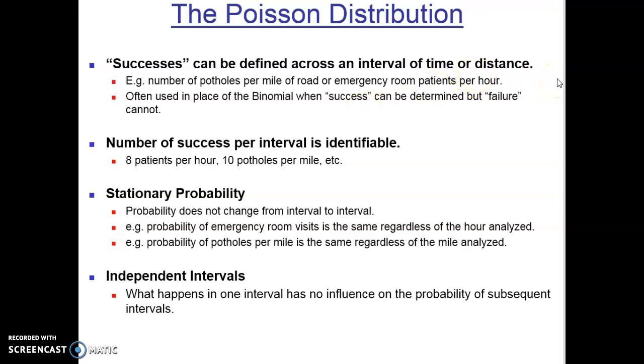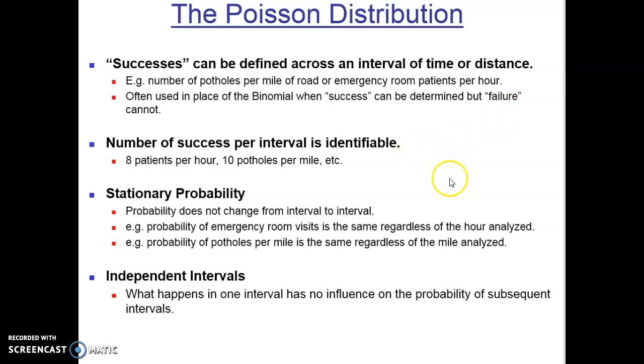In both instances, however, you can't define failure. Contrast that with data that tells us the percentage of Americans that have been in a traffic accident. If it's 60%, then that means 40% have not. We can define success and failure. So based on the data that you're using, the binomial may be appropriate to study probabilities, or the Poisson.